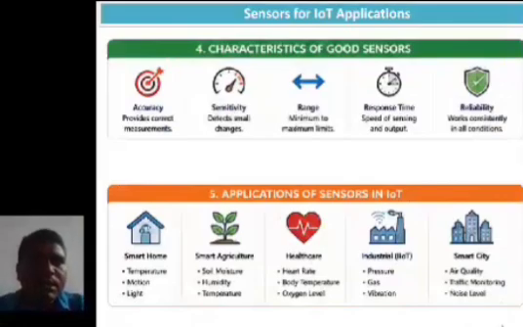The first one is accuracy. Based on the accuracy, we can tell how correct the measurement is after sensing the data.